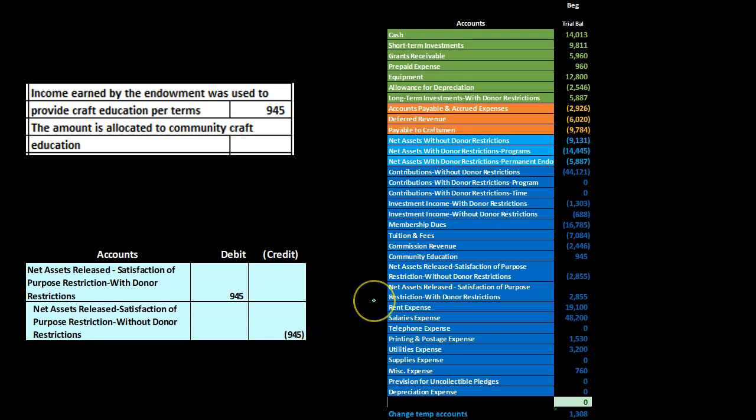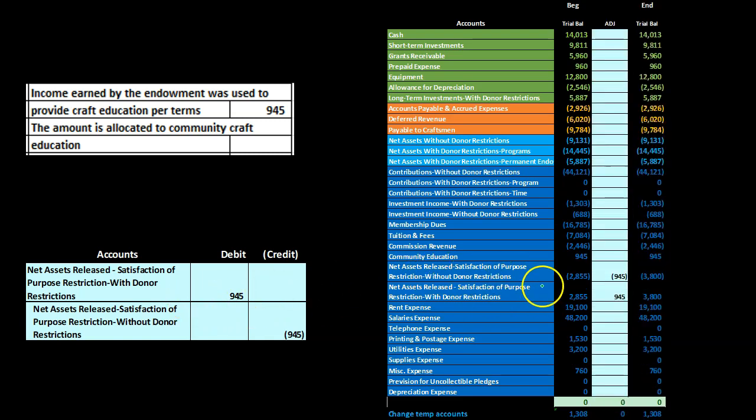The one with donor restrictions is going to be a debit account. It's going to have a debit balance. I would still think of it as basically an income type of account, which is going down. Therefore, we debit it to decrease it. So that's going to be the debit side. Recording this, you'll always see that the one without restrictions will have a credit balance, and the one with restrictions will always have a debit balance.